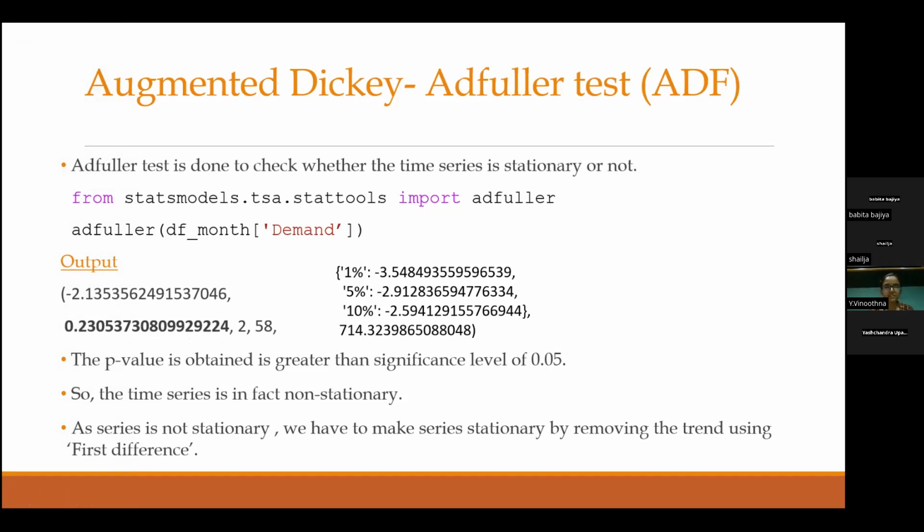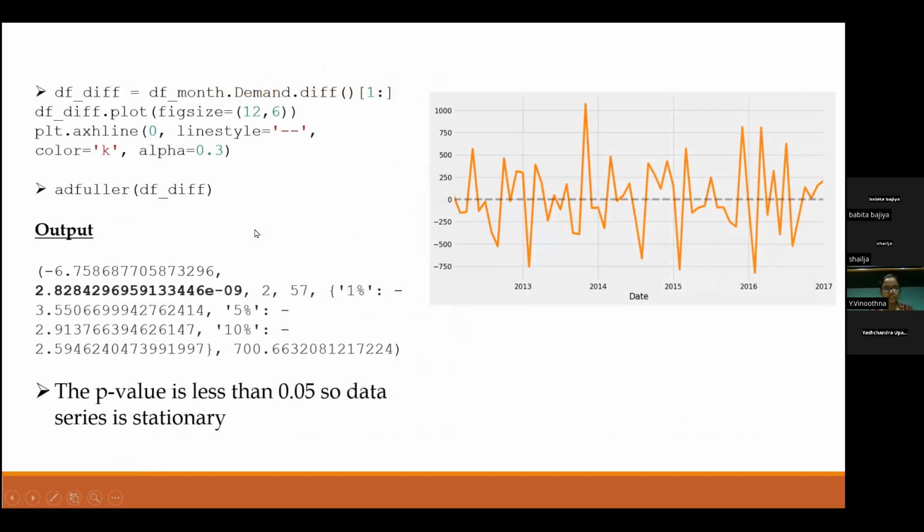If the time series is not stationary, we have to make it stationary by removing the trend using the first difference method. As we have to remove the trend from the data set, we will be using the first difference method to remove the trend and to make the time series stationary.